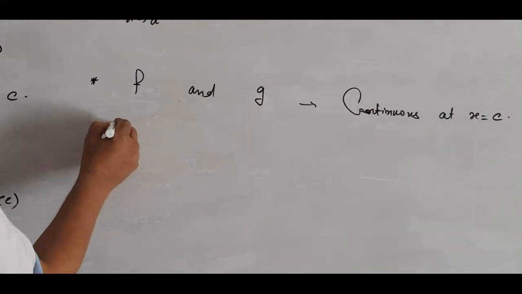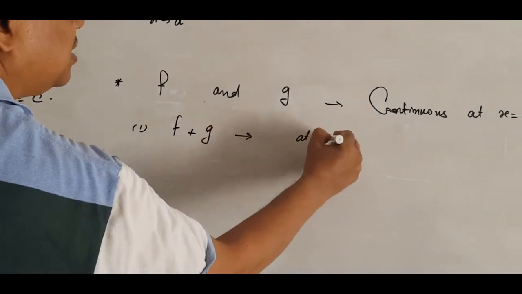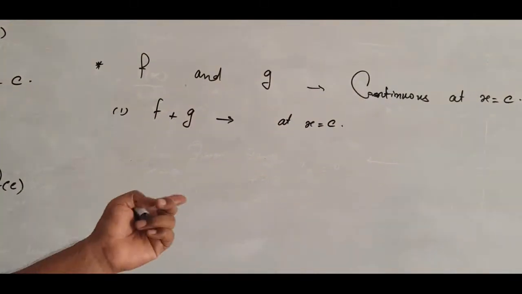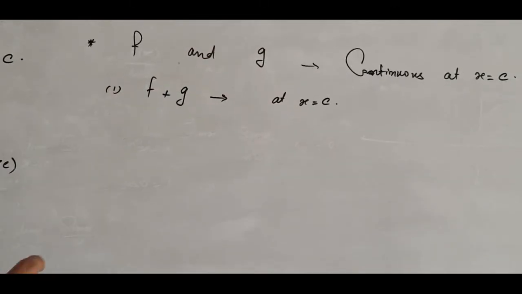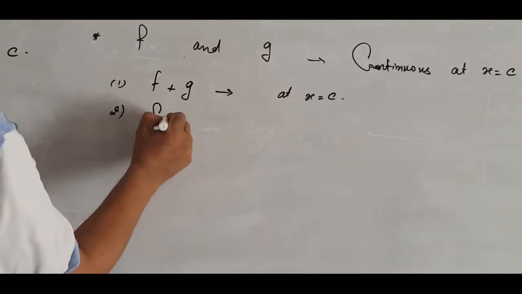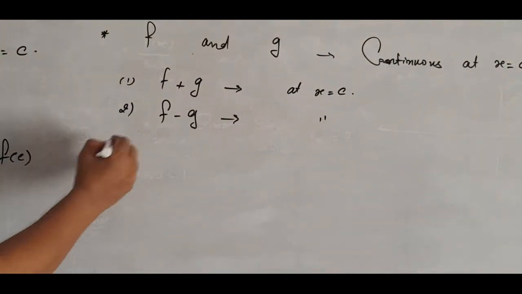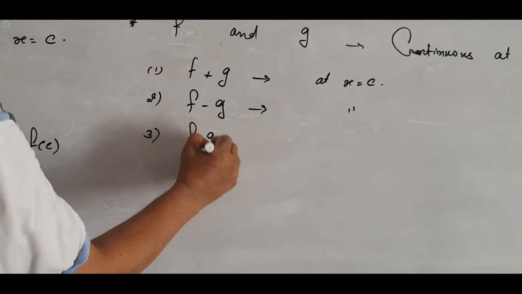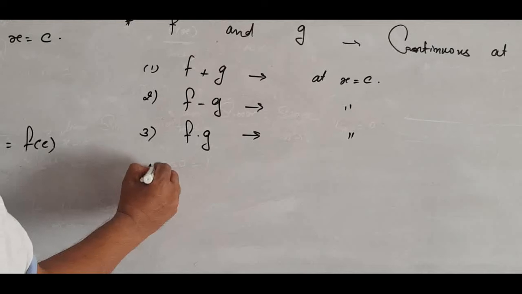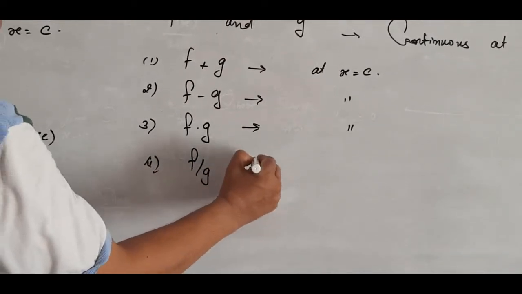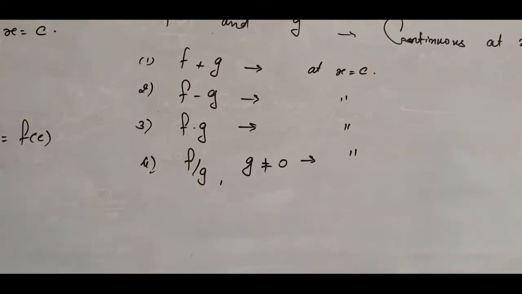We can say number one, f plus g is also continuous at x is equal to c. The addition of two continuous functions is also continuous at that point. Difference f minus g is also continuous at that point. Similarly, f into g is also continuous at that point. Fourth point, f upon g, but this g should not be zero, is also continuous at that point.